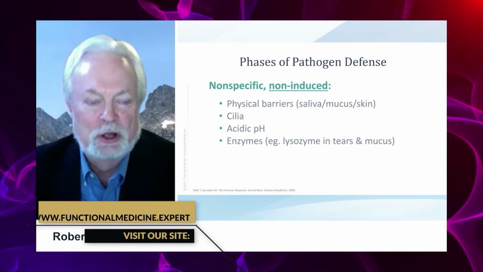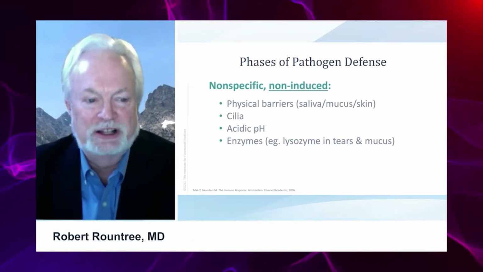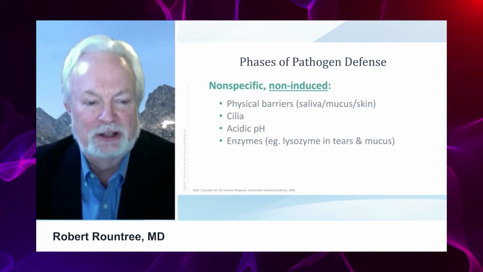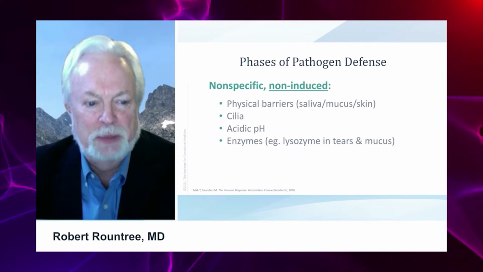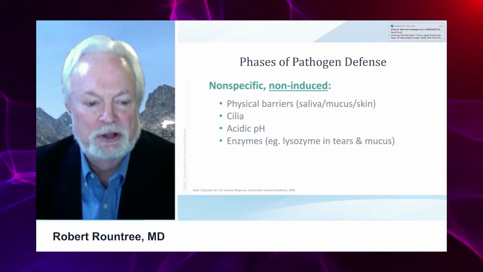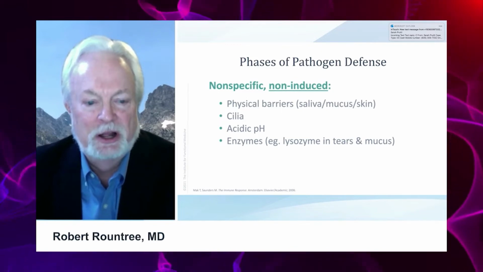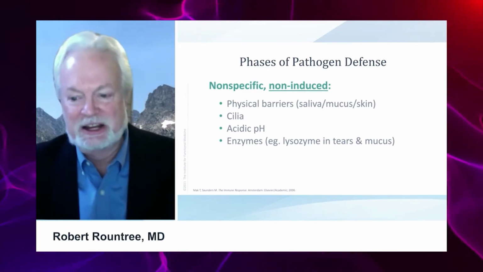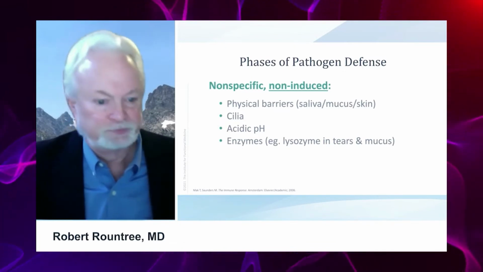Number two, in the respiratory mucosa, you have cilia that are constantly moving, and that basically brushes pathogens up out of the lungs into the mouth where they can be expelled. You have an acidic pH, and you have enzymes like lysozyme, which is found in tears and mucus.